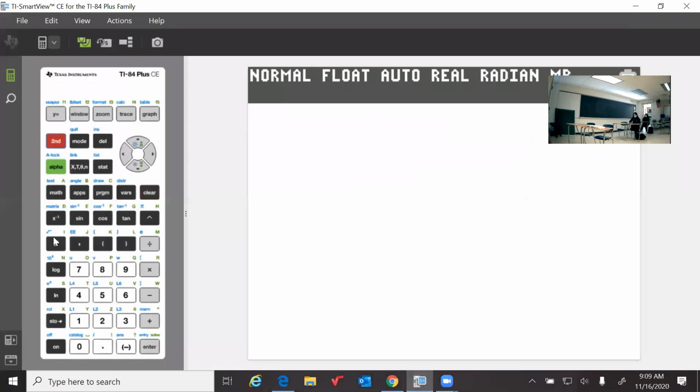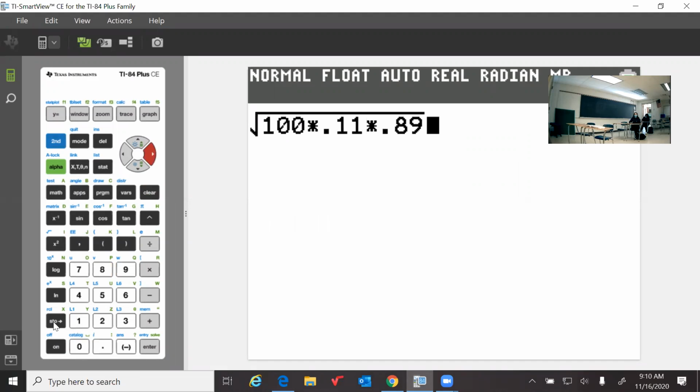we take the square root of the sample size times probability of success times probability of failure.